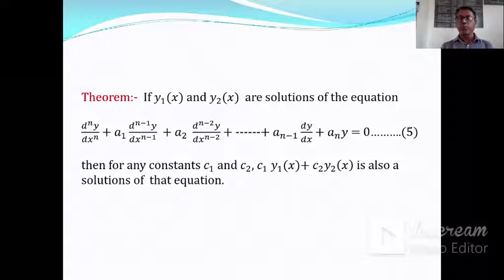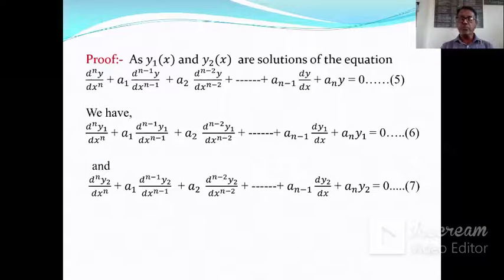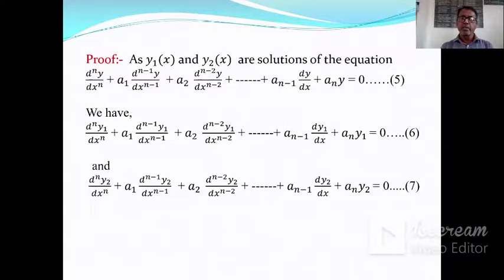Therefore, from this, we get d^n y1 by dx^n plus a1 d^(n-1) y1 by dx^(n-1) plus a2 d^(n-2) y1 by dx^(n-2) plus ... plus a(n-1) dy1 by dx plus an y1 is equal to 0.